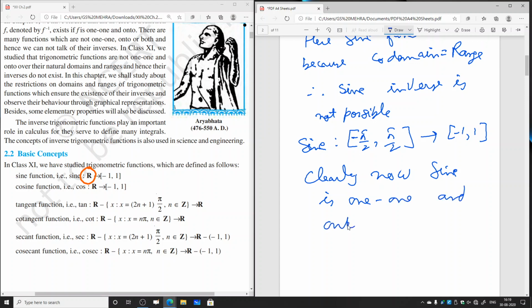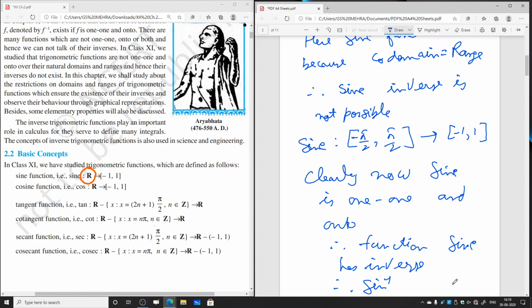Therefore, we can say that the function sine has inverse, and that means sine inverse will exist.